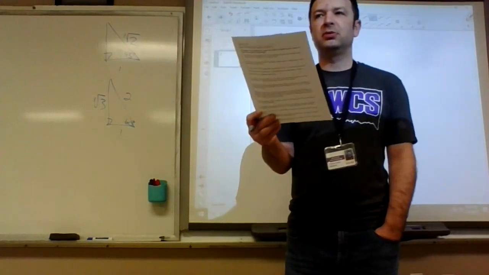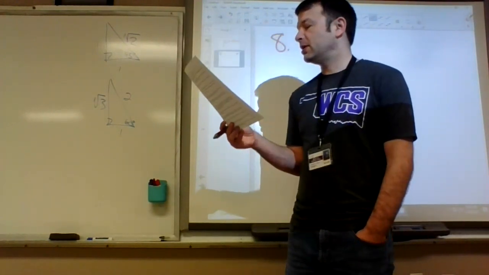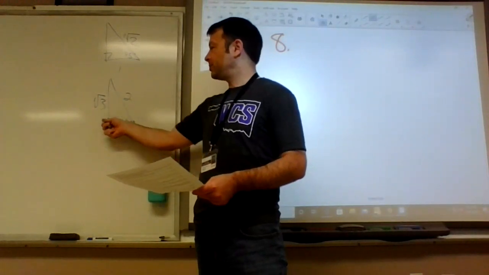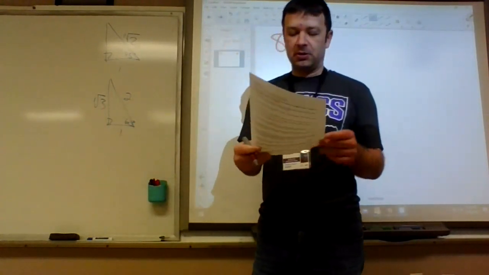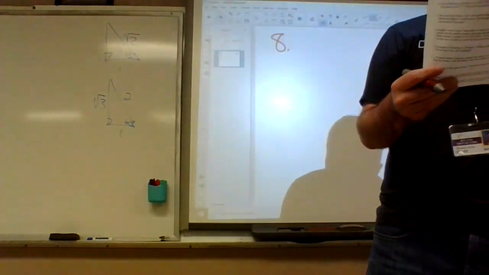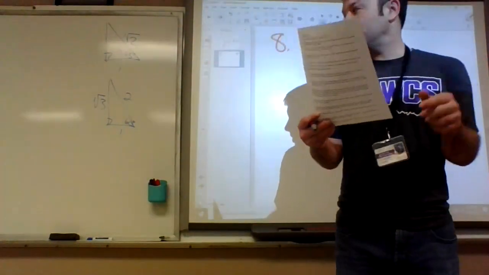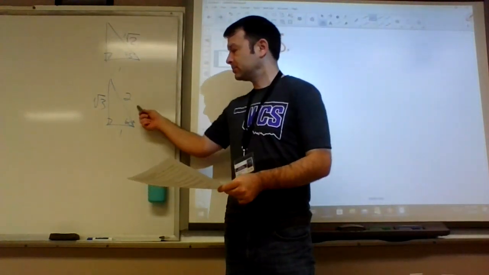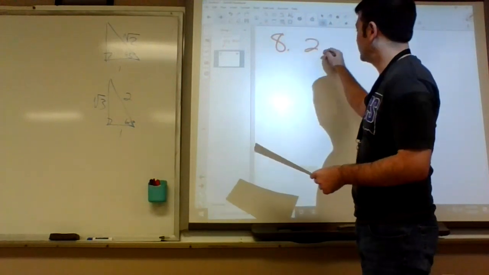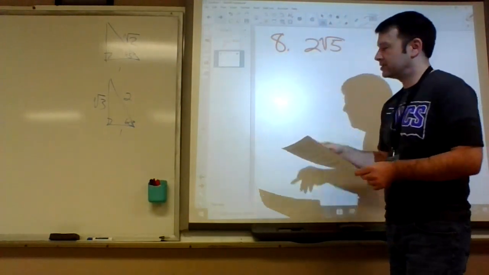The long leg would be times square root of 3. So the long leg is square root of 15. That'd be B. B is square root of 15. How do you go from the short leg to the hypotenuse? You do times 2. What's square root of 5 times 2? 2 square root of 5. Doesn't really mix. So just leave it like that.